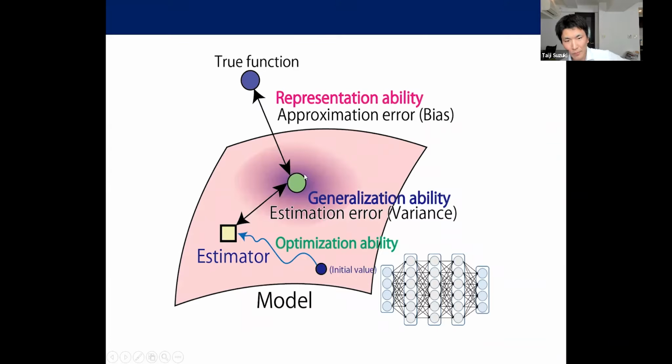Basically, we want to find this closest point by using finite training data points, but there exists some sample deviation, so the estimator has some variance. In the generalization ability, we bound this variance. Moreover, to obtain this estimator, we need to execute some optimization, so we need to ensure that some optimization technique can find a good estimator. Such analysis is categorized in the optimization ability category.